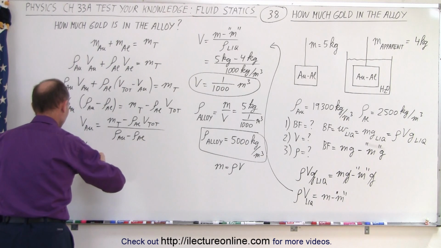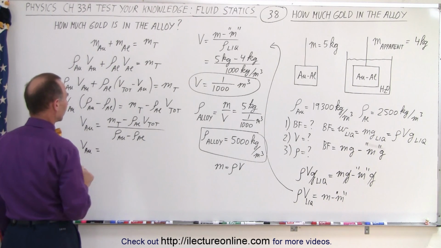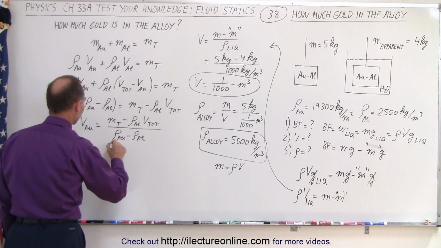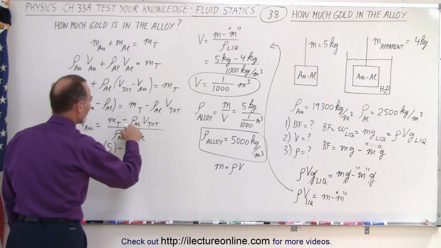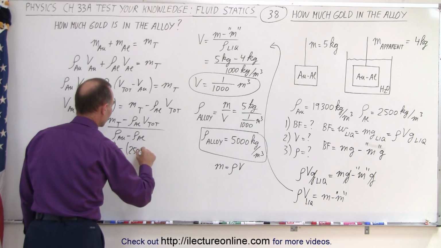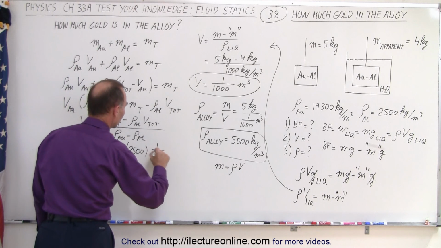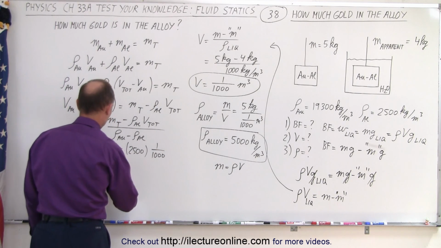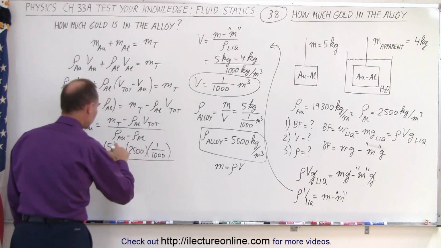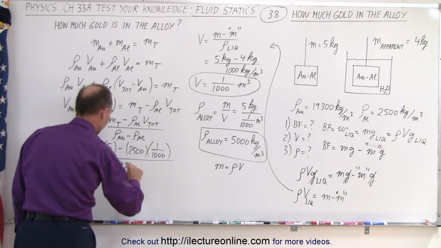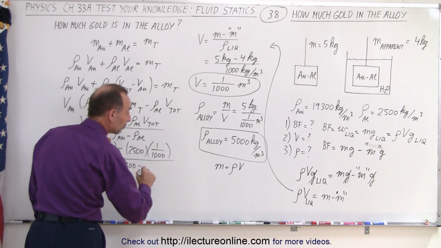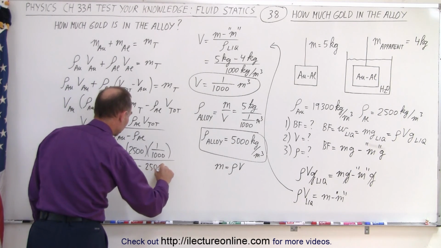So, make that a small v, equals total mass, 5. I'll leave out the units for now, it's a little cleaner. Density of aluminum, 2,500. Volume total, 1 over 1,000. Divided by gold, 19,300, minus aluminum, which is 2,500.